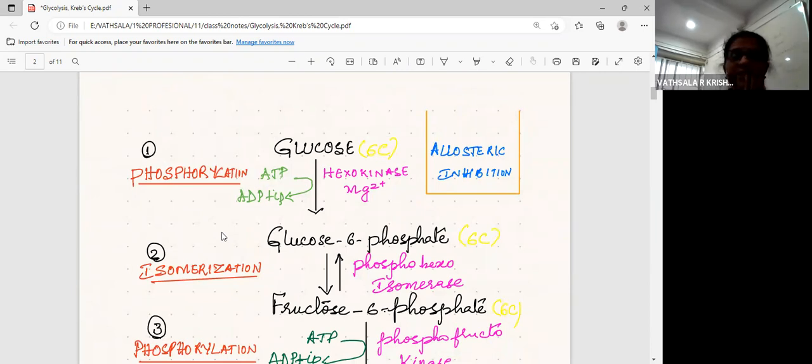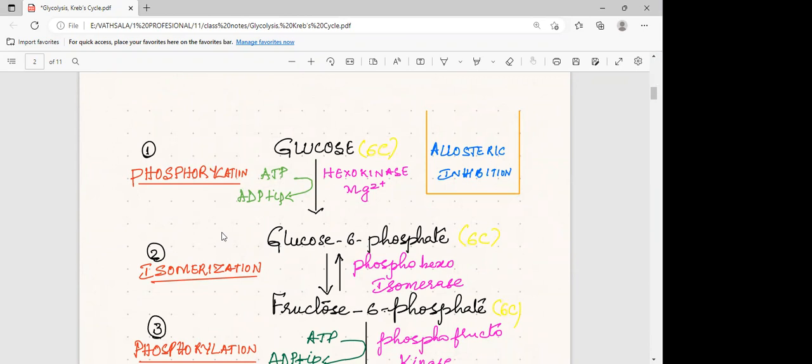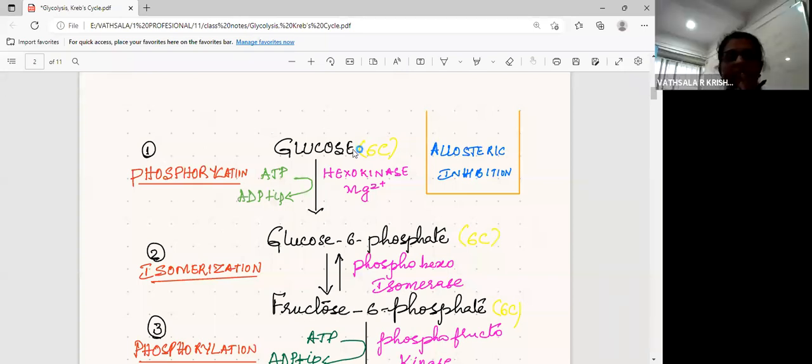Guys, are you able to see the screen properly? Yes, ma'am. You can just press on the corner. Still buffering?